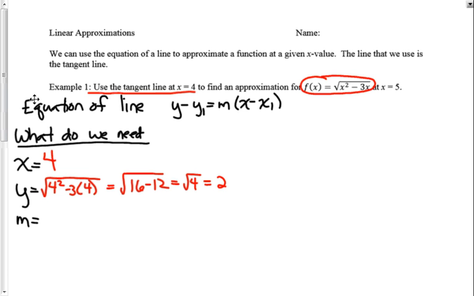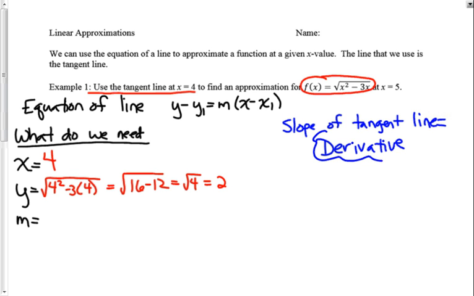The last thing I need is my slope of the line. Now this line is a tangent line to my function, so the slope of the tangent line is the same thing as the derivative. Okay, so all I really need is to find the derivative, and then I want the derivative at x is 4.